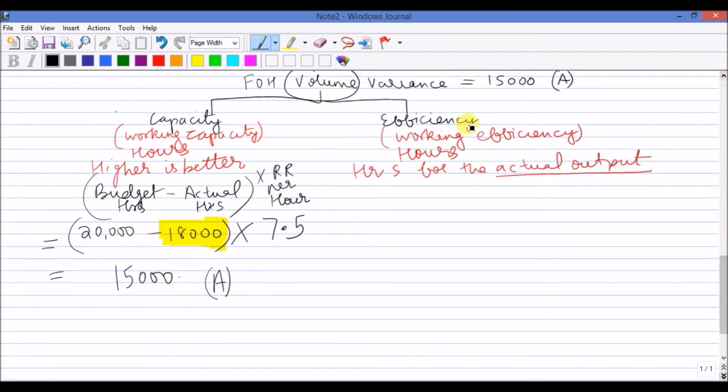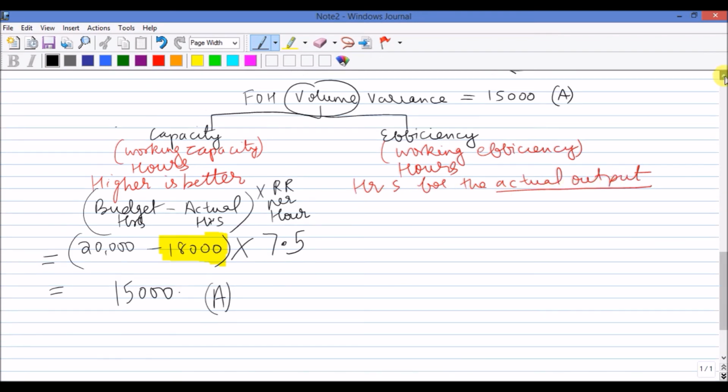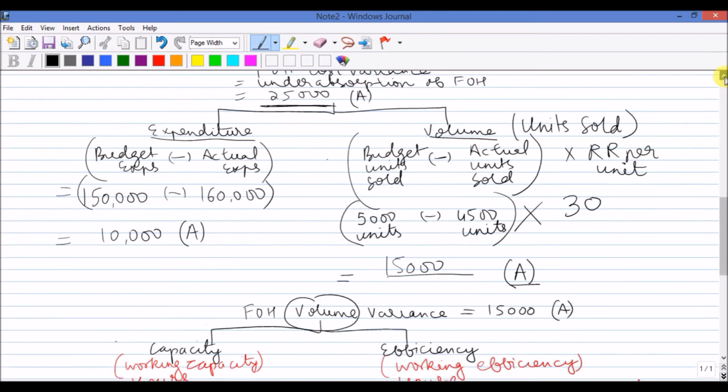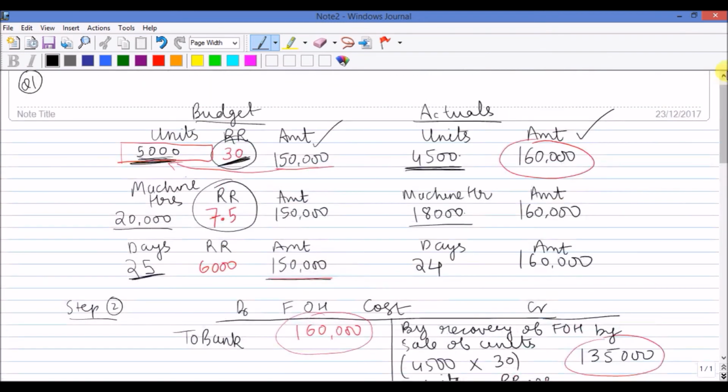Now we are moving to efficiency, and remember these are hours for the actual output. It means we have taken 20,000 machine hours to manufacture 5,000 units.